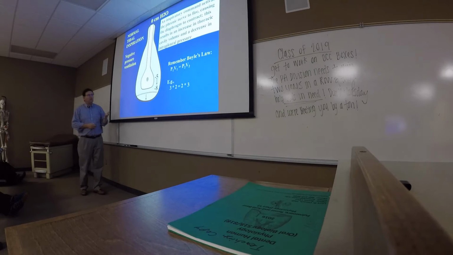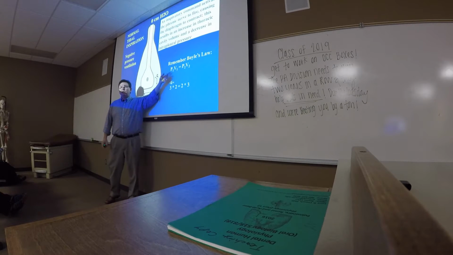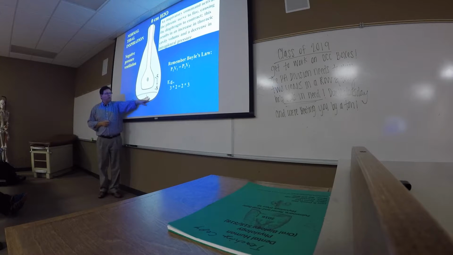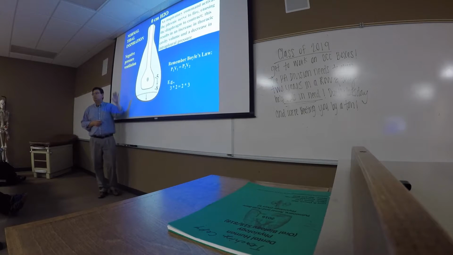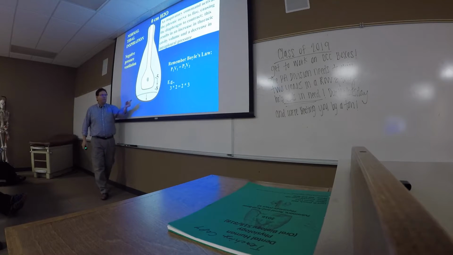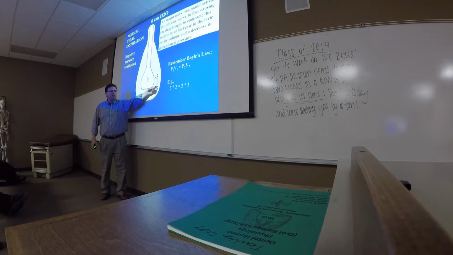So Boyle's law is just saying that pressure and volume are inverse to one another. When you contract your diaphragm, the thoracic cavity volume increases, and the intrapleural pressure goes down. So we have a more negative intrapleural pressure.